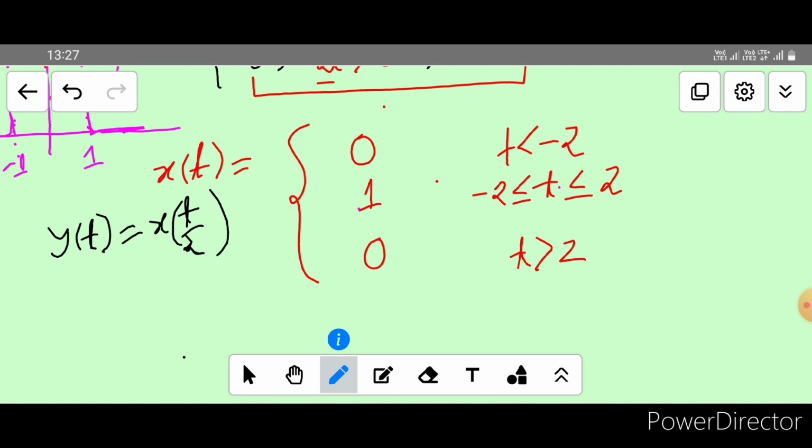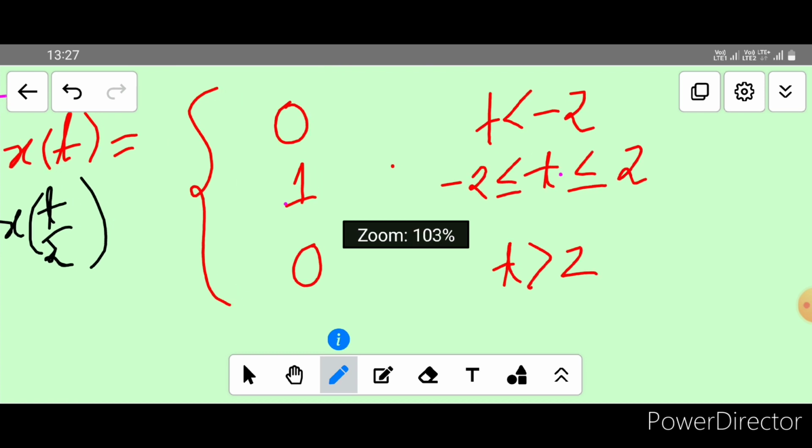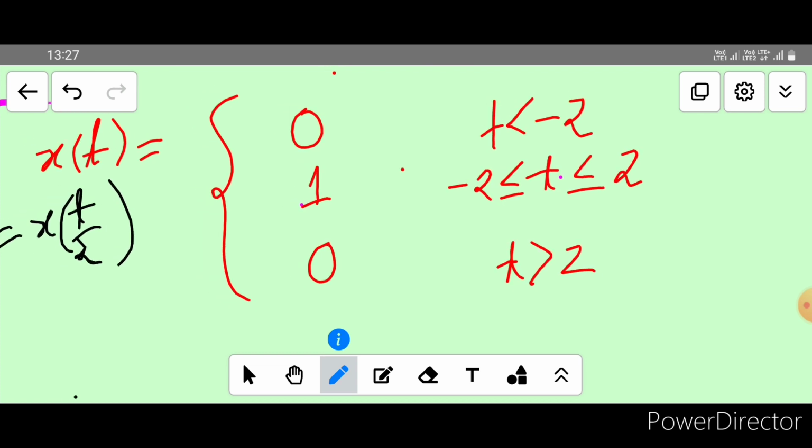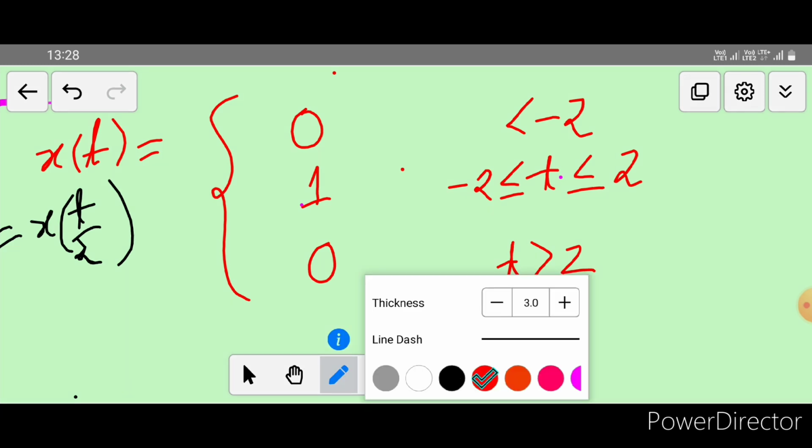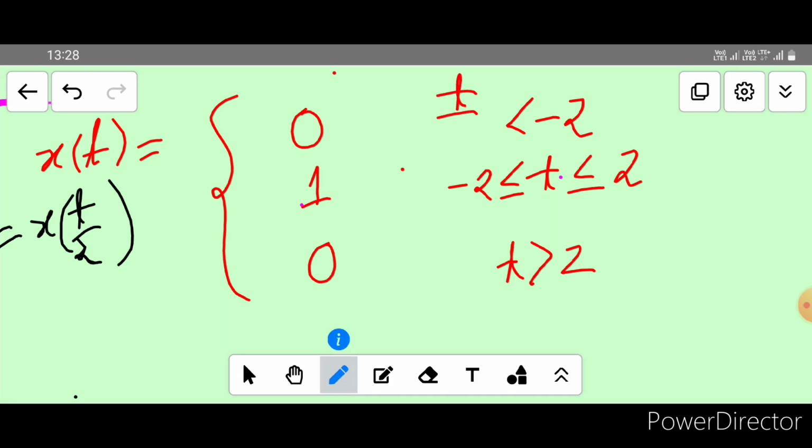So what we'll do is replace t by t/2. This t will be replaced by t/2, similarly this t will be replaced by t/2, and again this t will be replaced by t/2. So just do the calculation.